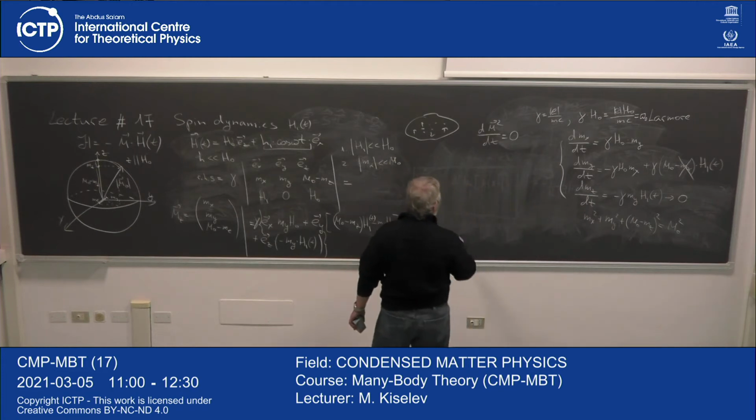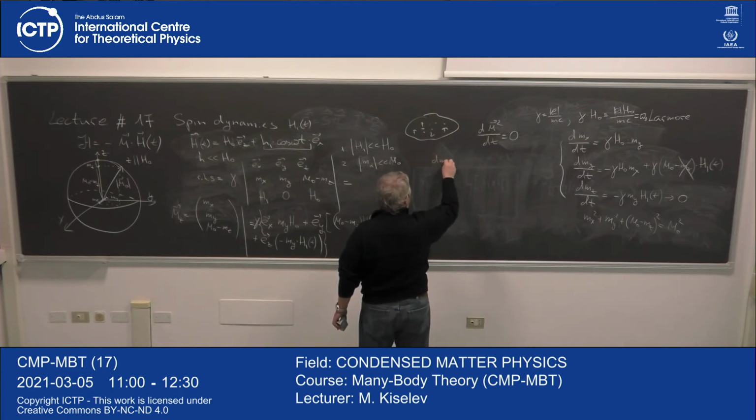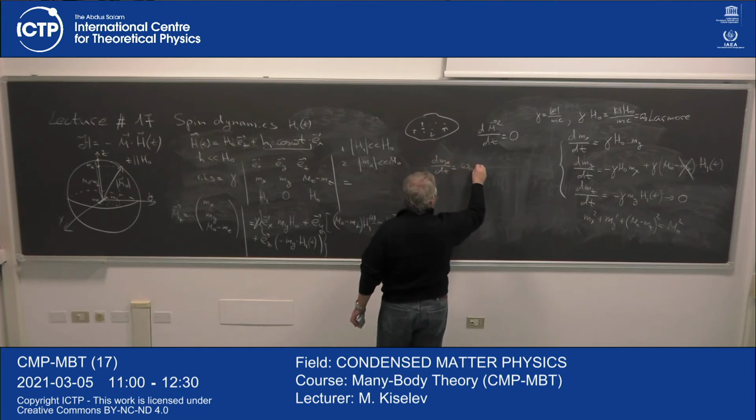So the first equation reads dmx over dt is omega naught times my.